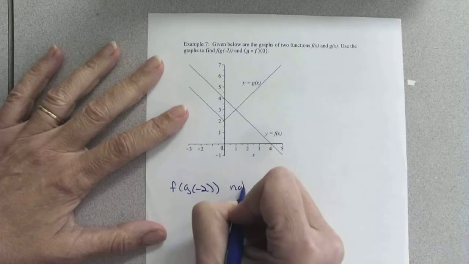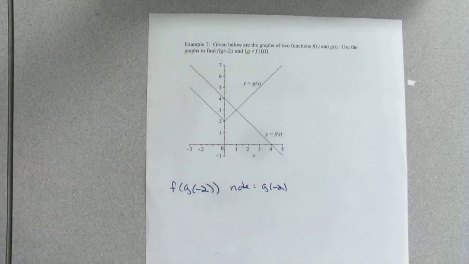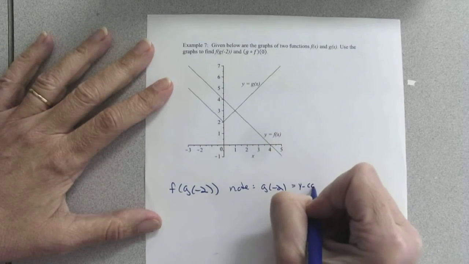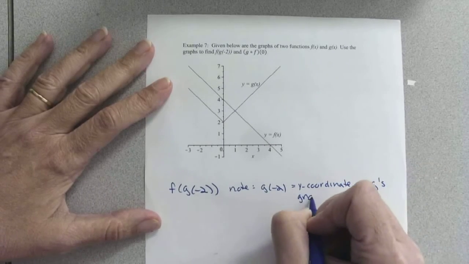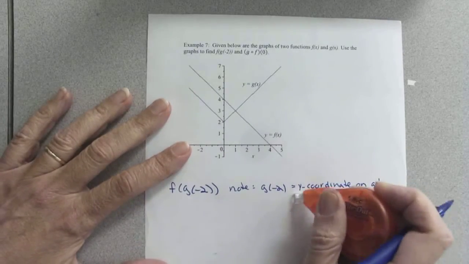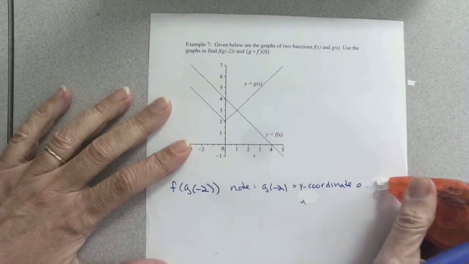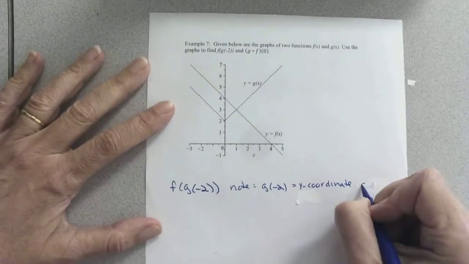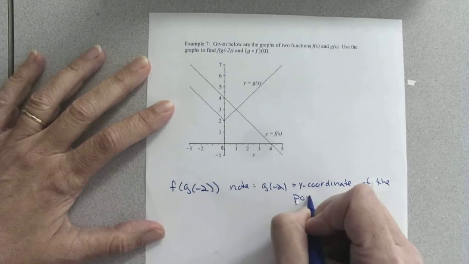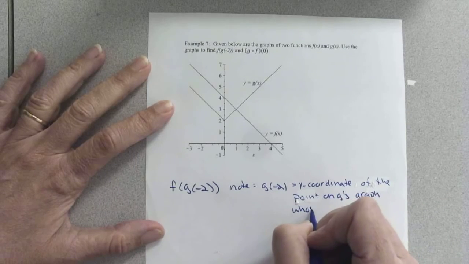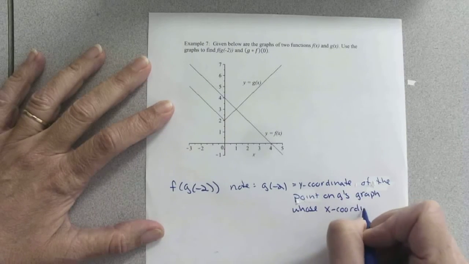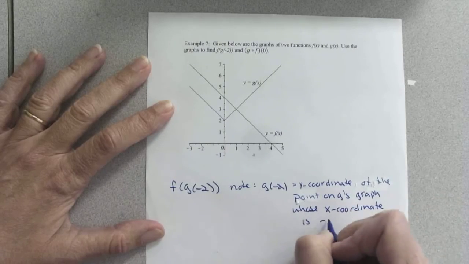Start on the inside. And so we'll note that g of negative 2, so you've got to think way back, finding functional values using graphs, that this was the y-coordinate of the point on g's graph whose x-coordinate is negative 2.